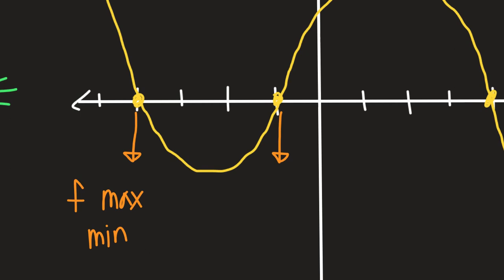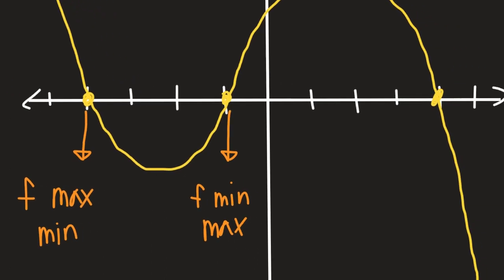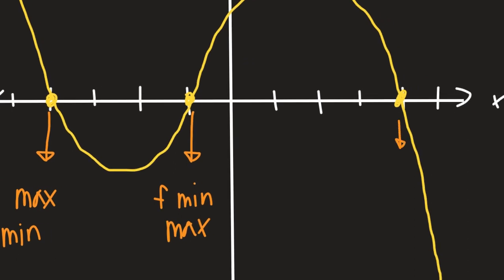So everywhere your first derivative has an x-intercept, your f graph either has a minimum or a maximum.